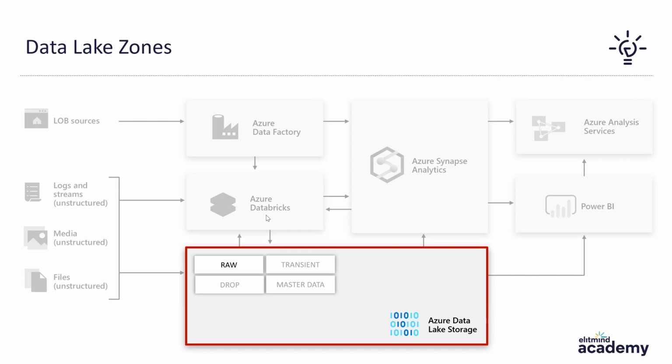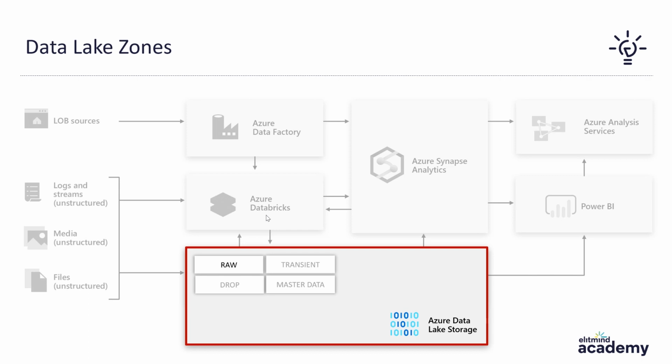And you can plan not just raw zone for your data lake. You can also have different zones that are very similar to raw data zone, but also providing some additional features.